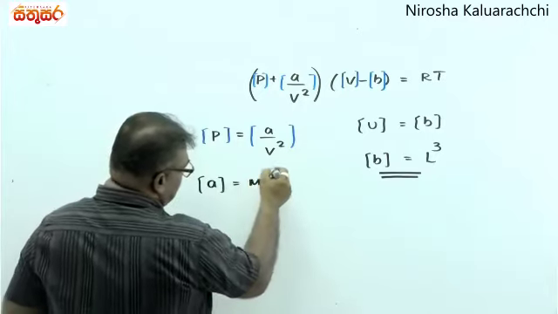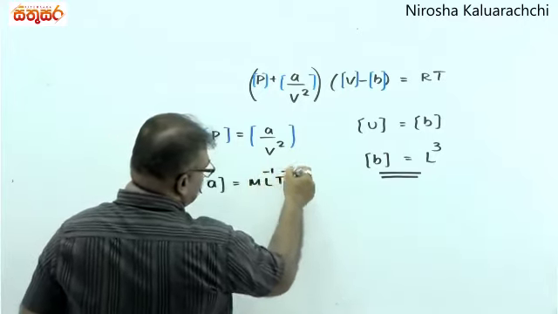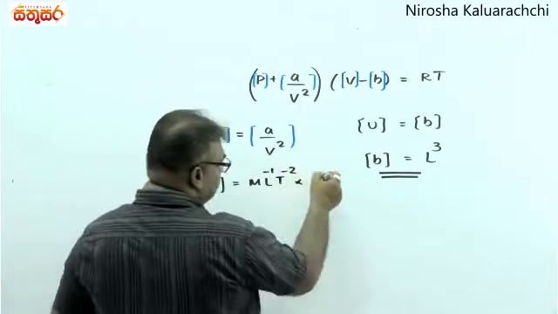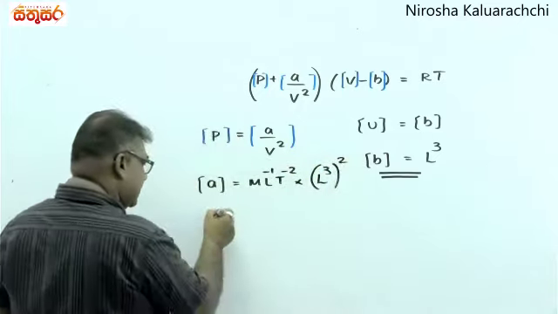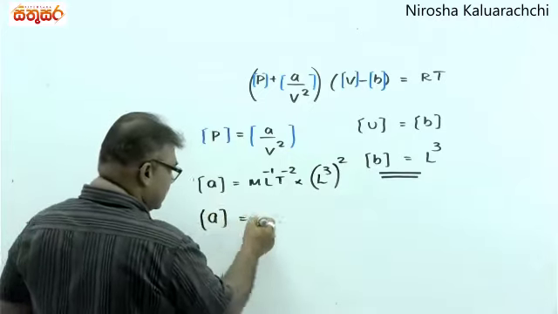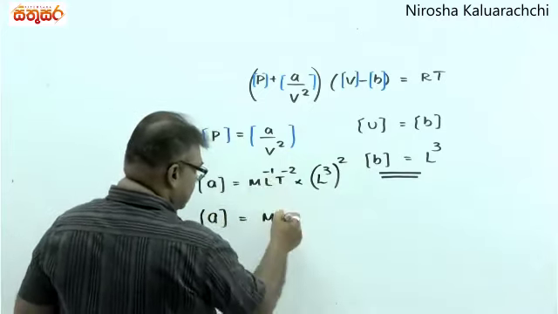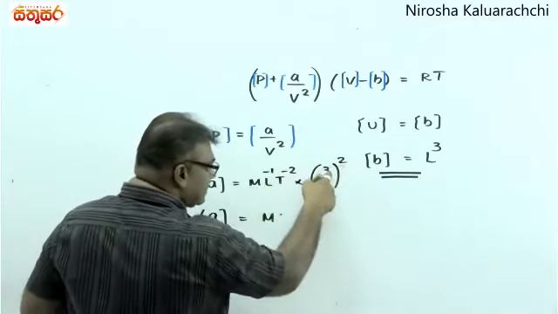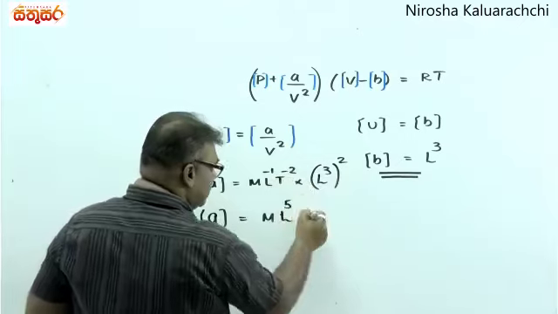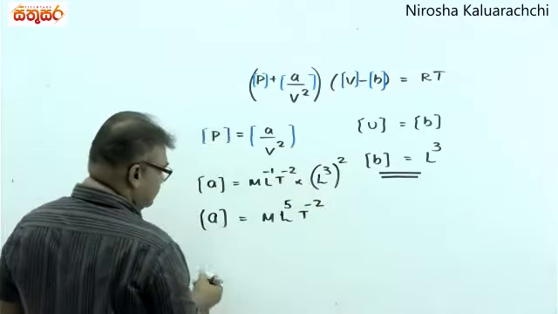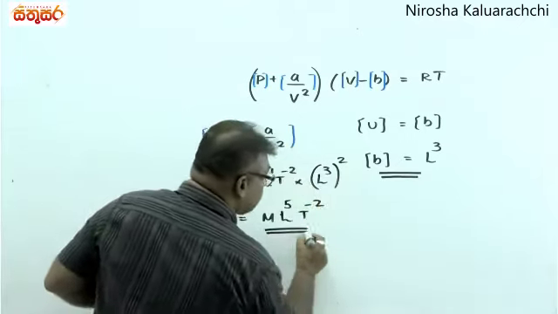Pressure is M L^-1 T^-2, volume is L³, to the power of 2. Then the dimension of A becomes M L^-1 L^6, that is M L^5 T^-2.